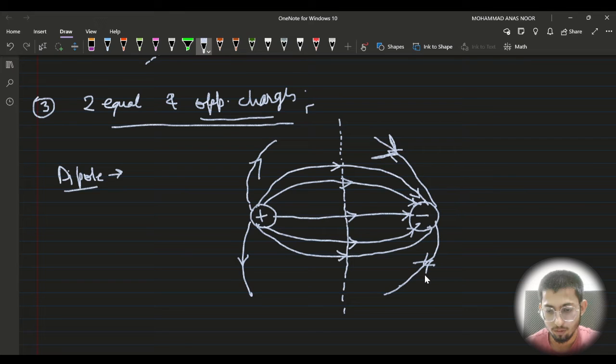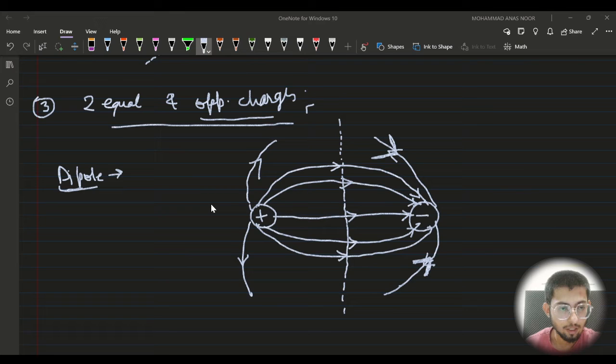Anyway, so I was telling that the dipole is the combination of two unlike charges placed at some close distance. So this is also called a dipole, and this axis is called the dipole axis. The line at the center and perpendicular to this.